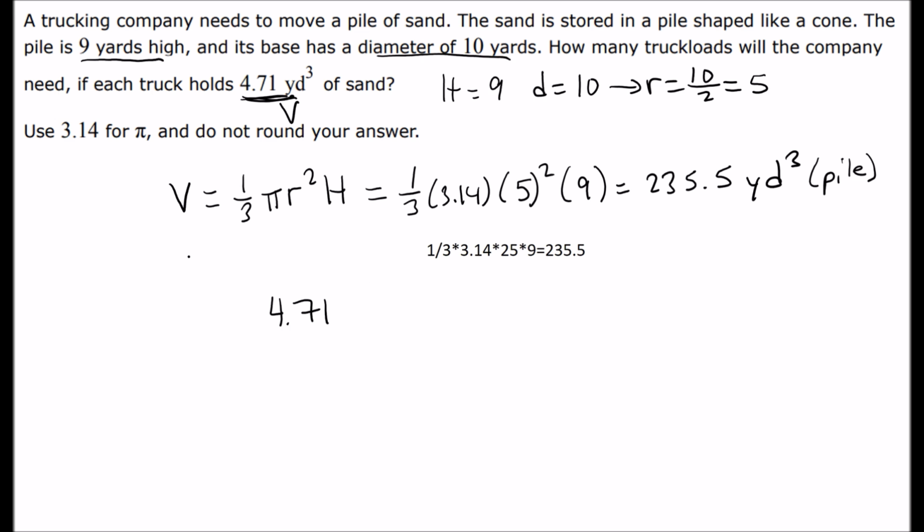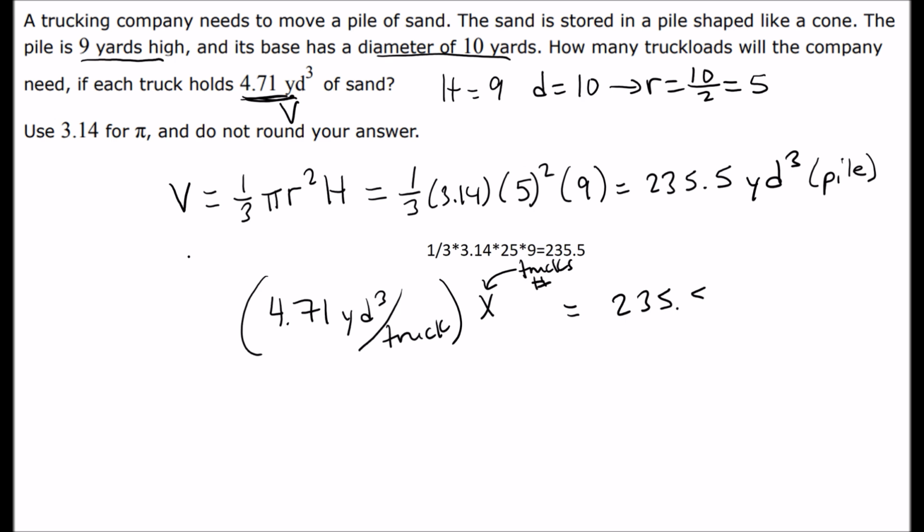So this right here is cubic yards per truck, right? So we need to figure out how many trucks we need to multiply by, in order to get the pile of sand that we have here. Okay, so that's what we need to do, is how many trucks do we need?